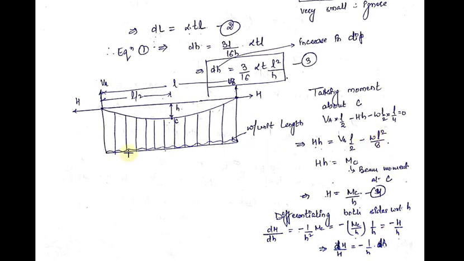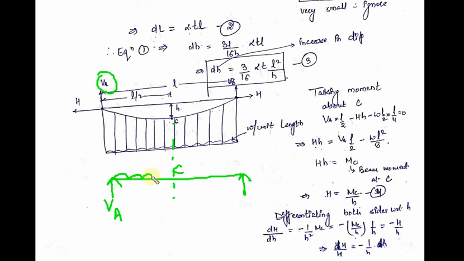Now suppose I have a straight beam with these two supports, and on this straight beam I apply the same load which is acting on this cable. On the left part of C, if I ignore capital H, there will be two forces: one will be VA and the second one will be a UDL.